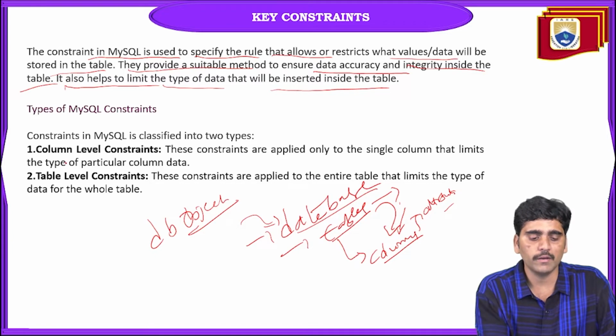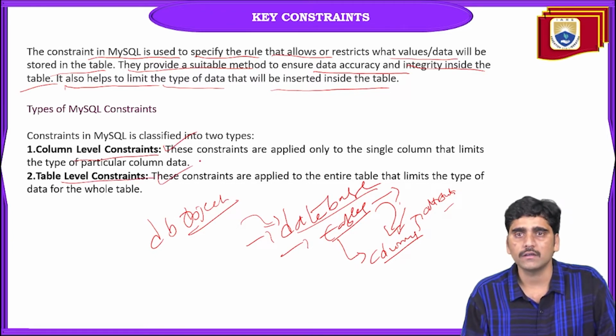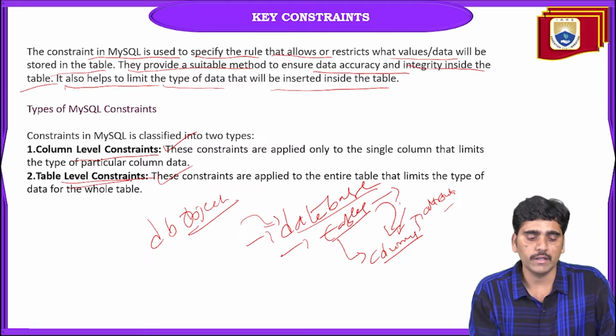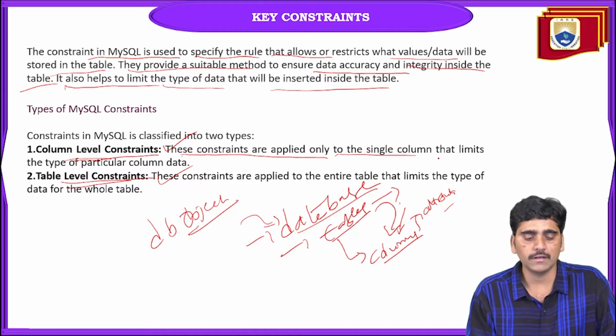One is column level constraints, and the second one is table level constraints. The name itself tells you: table level constraints, and column level constraints. Column level constraints are applied only to a single column, limiting the type of data of that particular column.